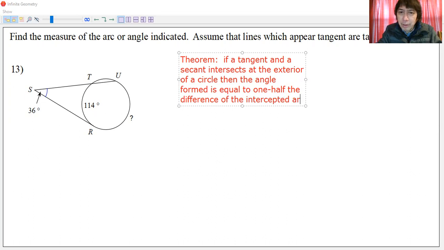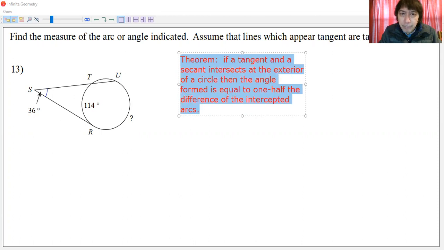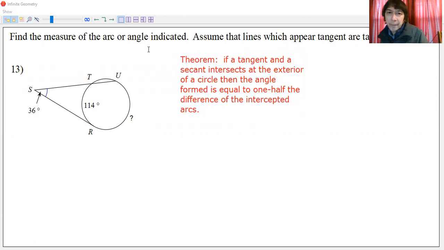All right, so put this in the clipboard, so we can use it in the succeeding questions.